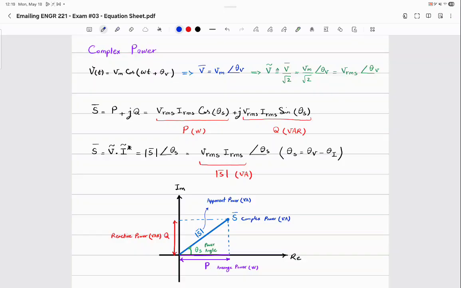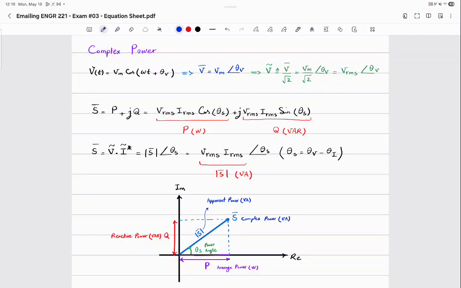Okay? What are the parameters that have the units of volt amps? Complex power, apparent power. So if a number is given to you in volt amps, how can you tell if it is complex power or apparent power? There's no mention of that.